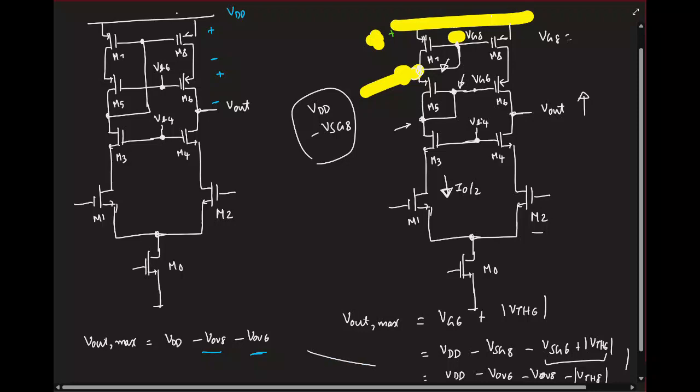So now you compare these two, see which of these has higher swing. Left or right? Left one. Okay. So left one is the maximum it can go is VDD minus overdrive voltage of two transistors. But when we do this connection as we have done in the right side, it is VDD minus two overdrives and it is lower by one more threshold voltage.